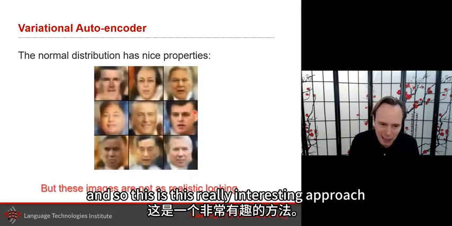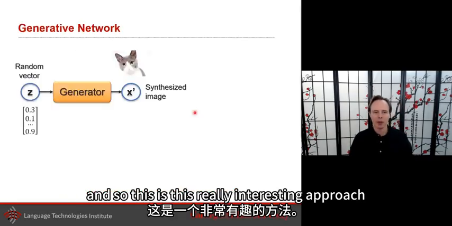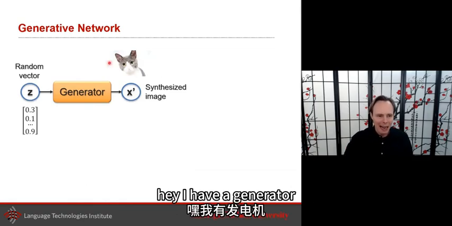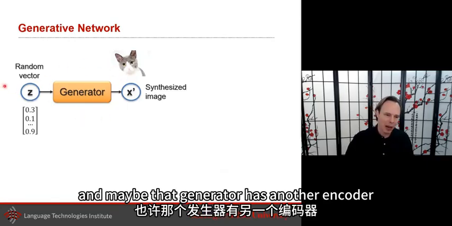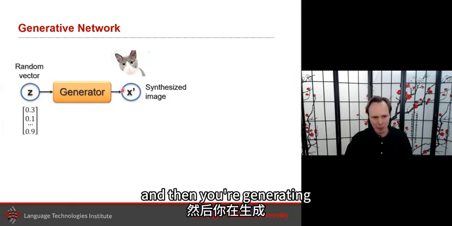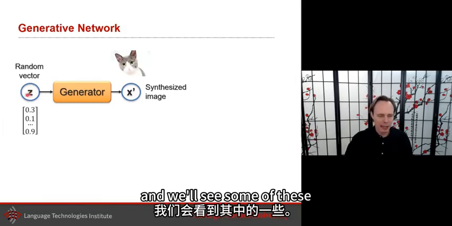And so there is this really interesting approach that was suggested to extend that. I have a generator, and maybe that generator has an autoencoder, so it's an encoder, and then you have a random vector, and then you're generating. We'll see some of these.